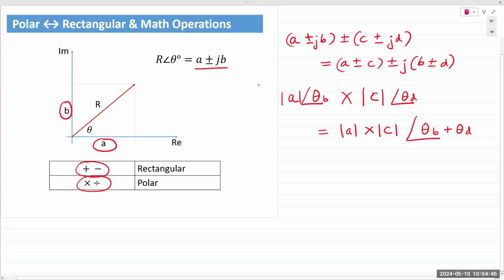Okay, the magnitudes are multiplied here because it's two vectors. It's two vectors, right? So magnitudes are multiplied, phase angles get added up.